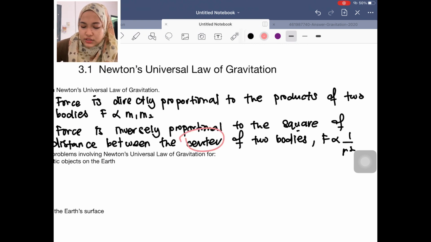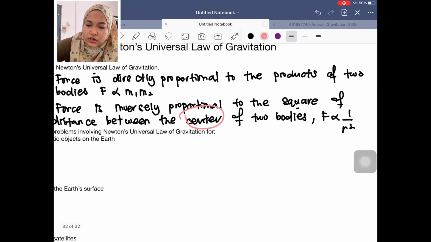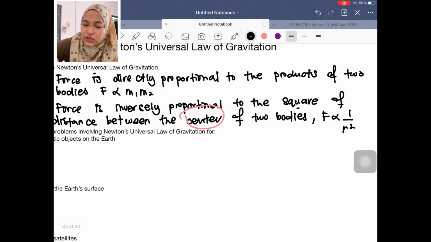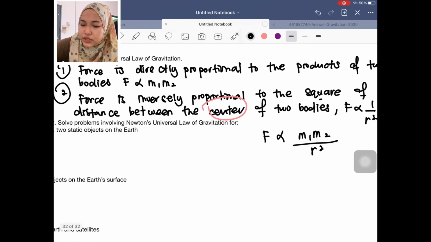Next learning objective: solve a problem involving Newton's universal law of gravitation. From the two laws just now, we can come out with one formula. F is directly proportional to M1 M2 and inversely proportional to the square of the distance.